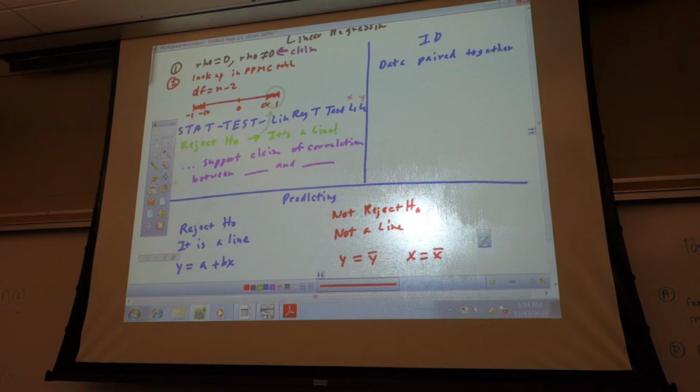Okay. Next, how else can we identify these? What's another way we can identify? So the data is paired together. What does it look like?